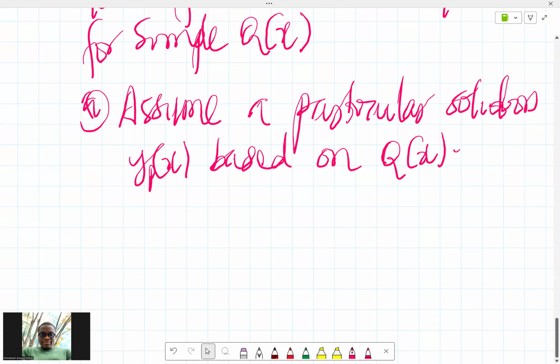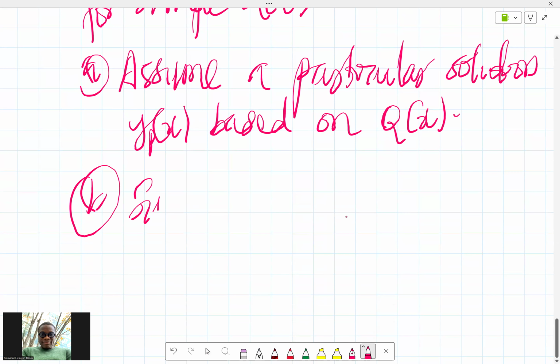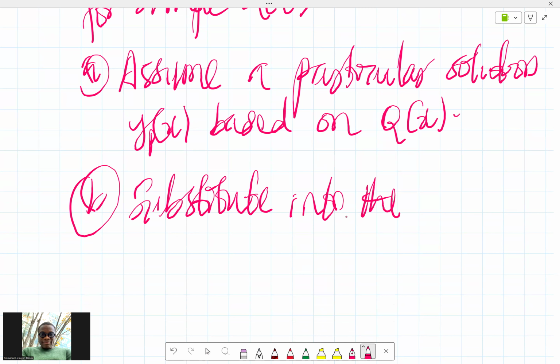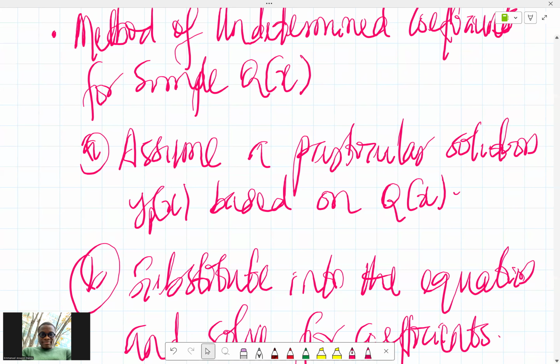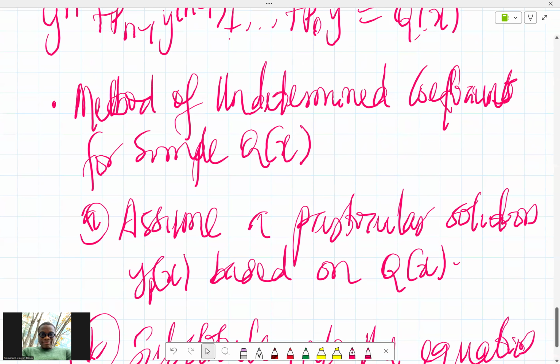Then you substitute into the equation and solve for the coefficients. We already did that for order two. So that's the method of undetermined coefficients.